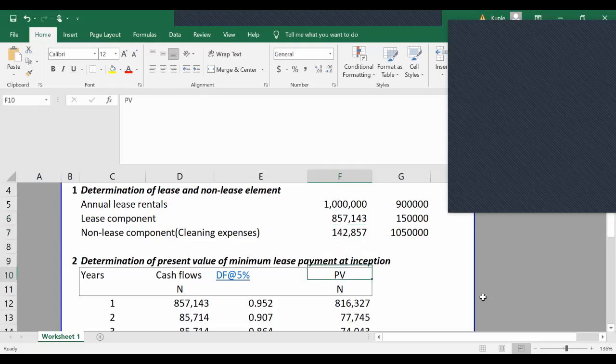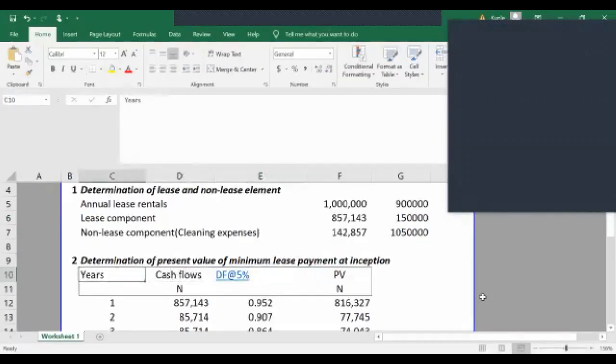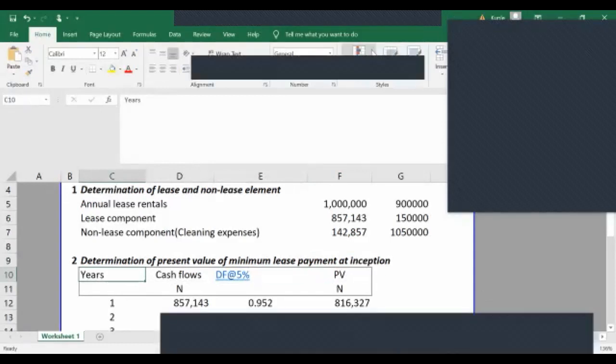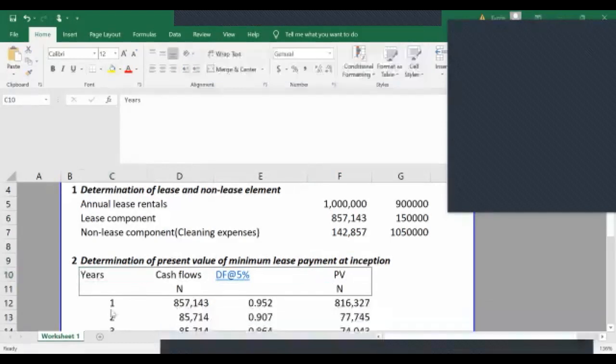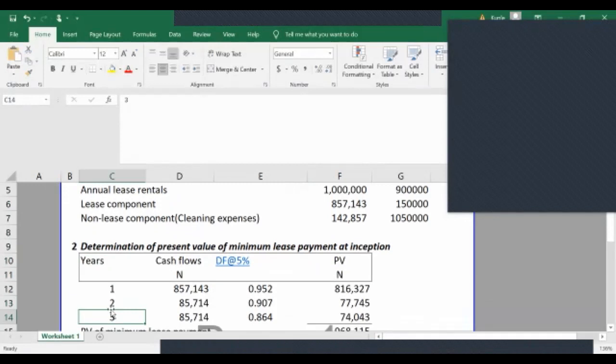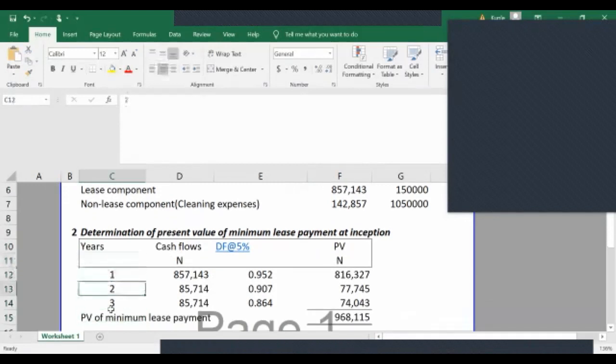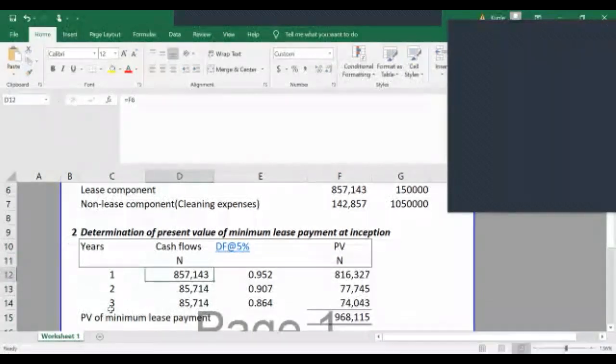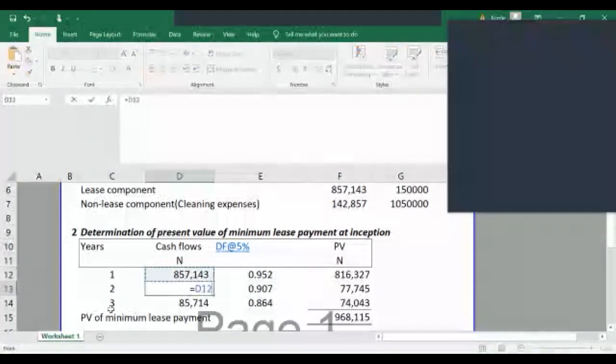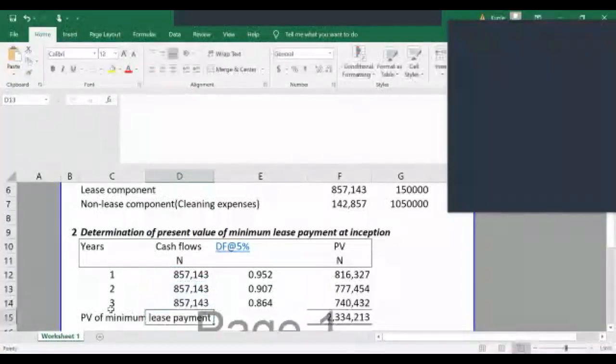So we have to determine the present value of the lease components. In this question we have 3 years, so you're having year 1, year 2, and year 3. The amount payable for lease purposes in each of the years is 857,143. The same amount is paid in the second year, and the same amount in the third year.